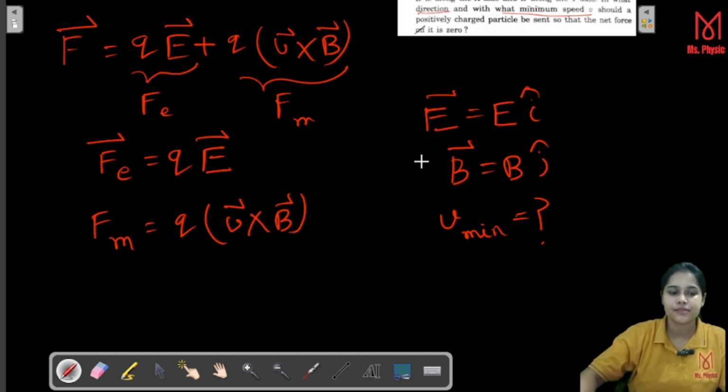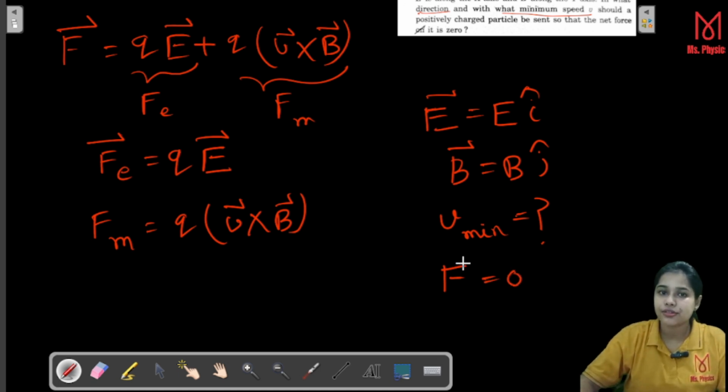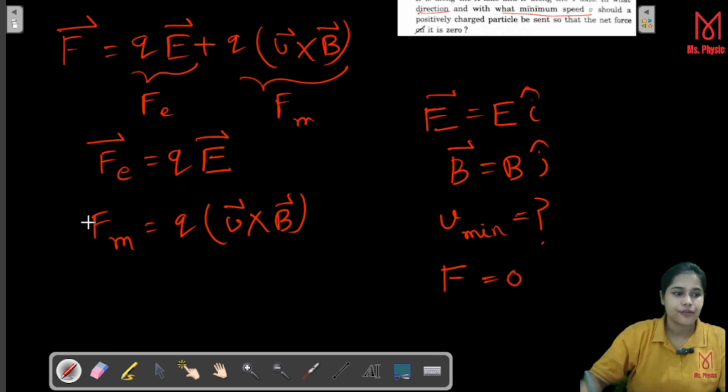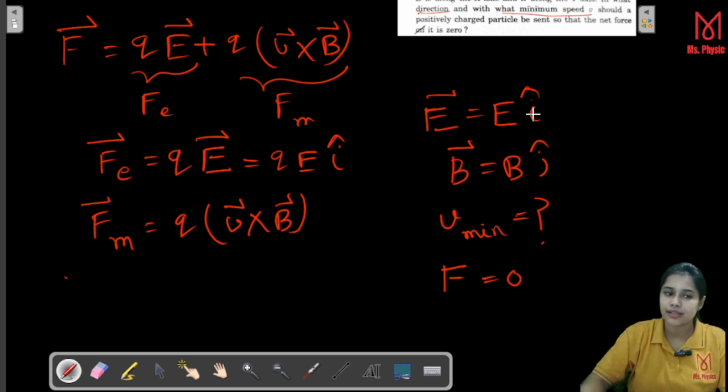That means net force means F. F is equals to 0. So therefore, here you see that if we want F to be 0, then here what we can write? Q E i cap, since E vector is equals to E i cap. If we need F to be 0, then this Fm should be in opposite direction of Fe. ठीक है?